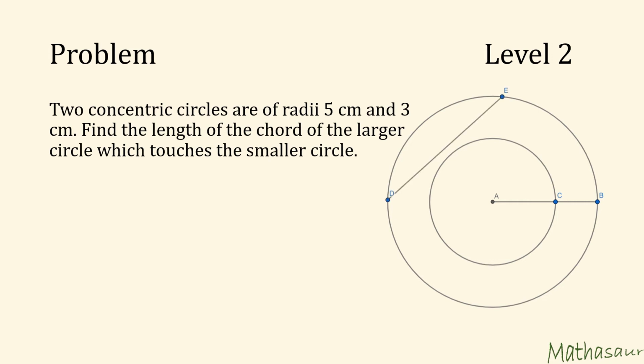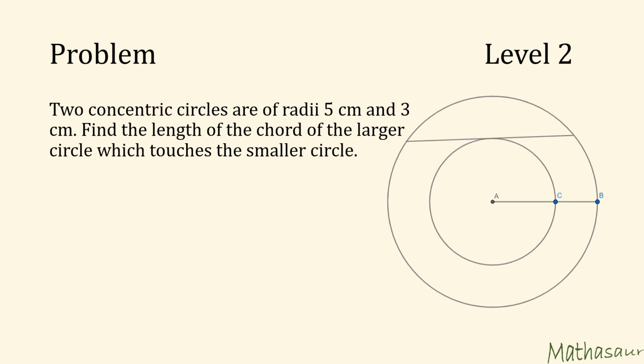Now let us take a chord DE. Now this chord is not touching the inner circle at all. Let us try again. Oh no! This time the chord is touching the inner circle at 2 points. So let us move it somewhere in between these two chords so that it touches the inner circle at exactly 1 point.